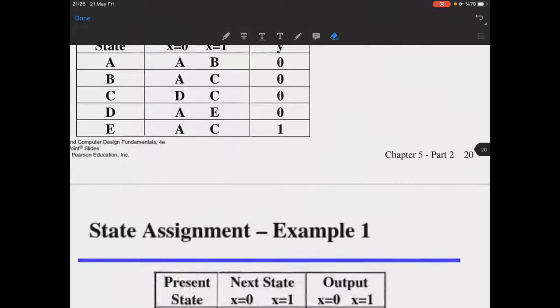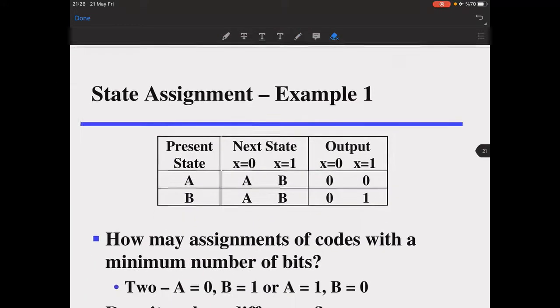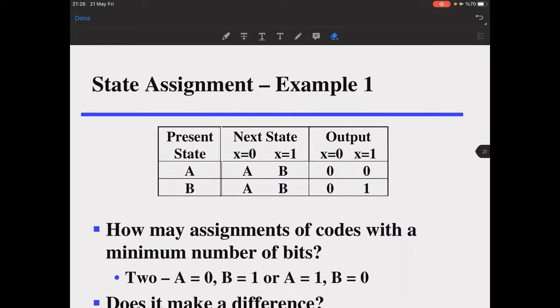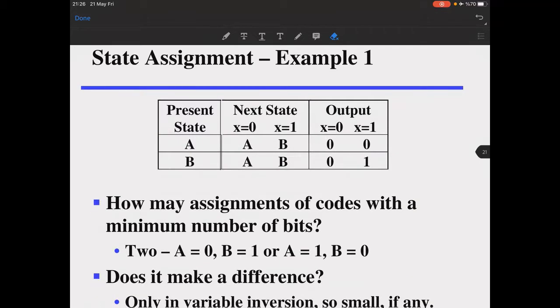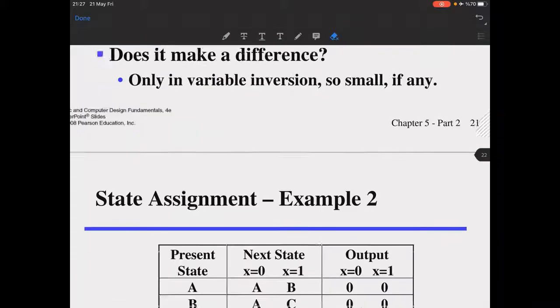So when you make state assignments, you have different alternatives. Suppose that you have 2 states. There are only 2 possible combinations here. Either 0 is A and 1 is B, or 1 is A and 0 is B. That's it, 2 assignments are possible.